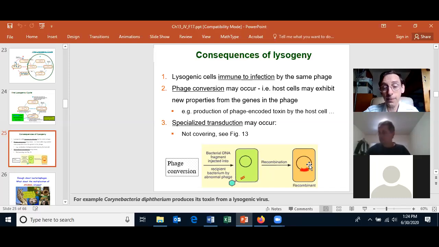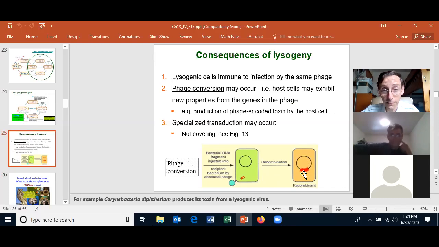Another consequence is that the cell has a viral genome in it, and that viral genome can be expressed, and that can bring new genes, a new phenotype to this bacteria, because it now has more DNA, the DNA of the virus.